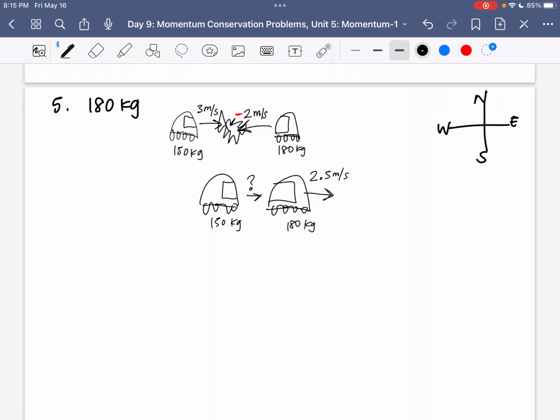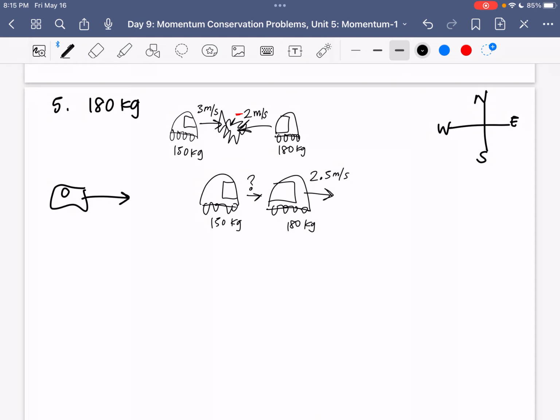So it's not recoil because they're not starting out stuck together. Recoil was the one with the cannon, right? And the cannonball's in there, and then after it goes out that way. It wouldn't be sticking because they're both coming from opposite ends.